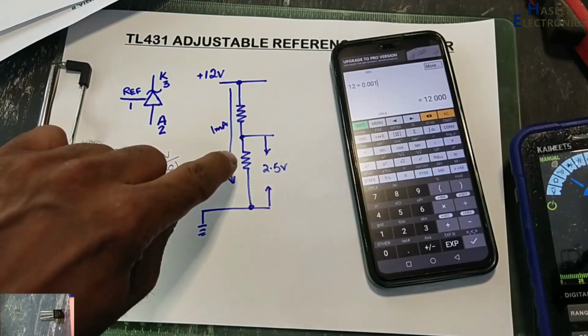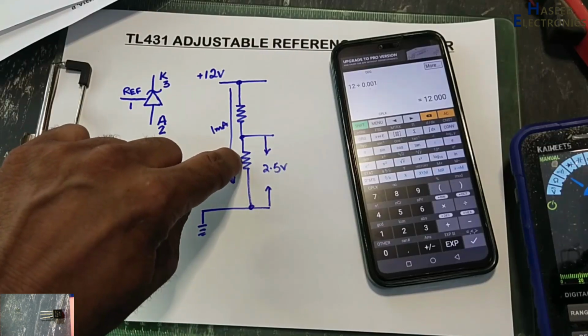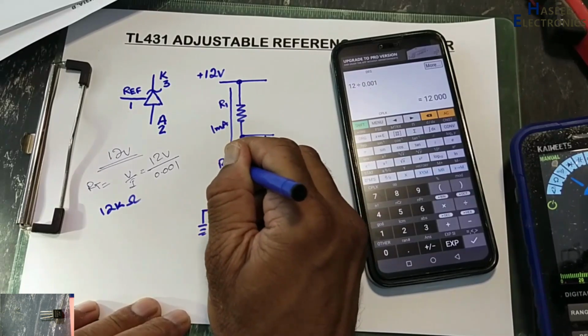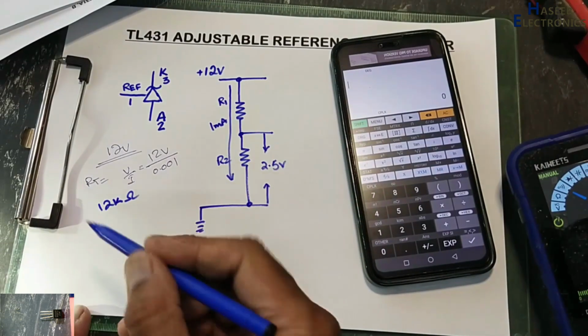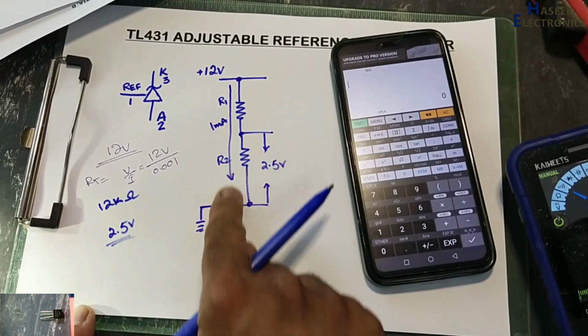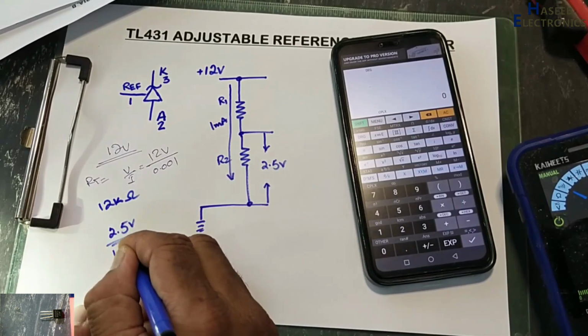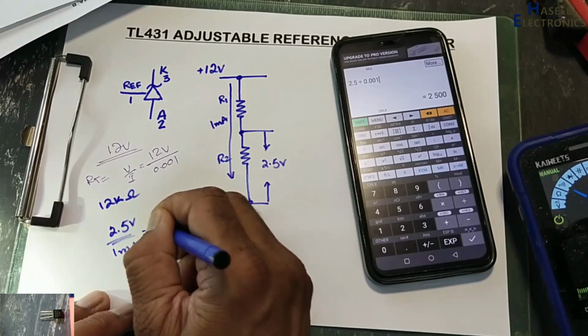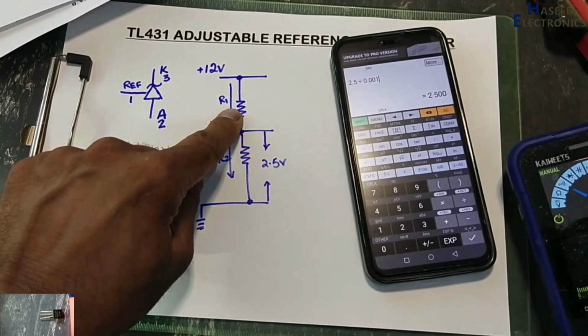For that purpose we need the resistor value of this resistor. Let's suppose this is R1, R2. We need 2.5 volt. The current value is 1 milliampere. 2500 ohms, 2.5K.